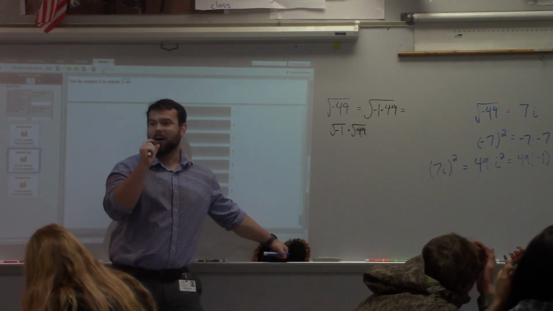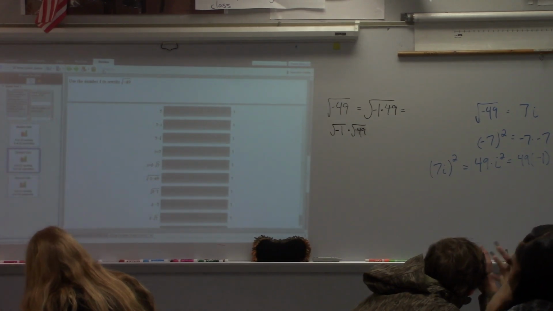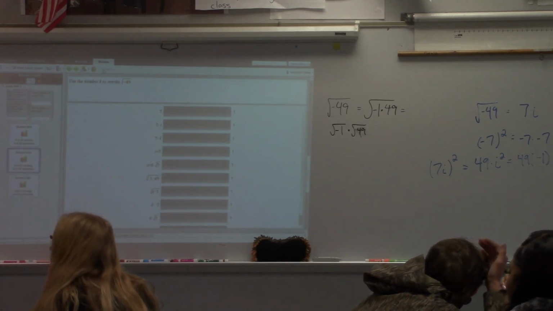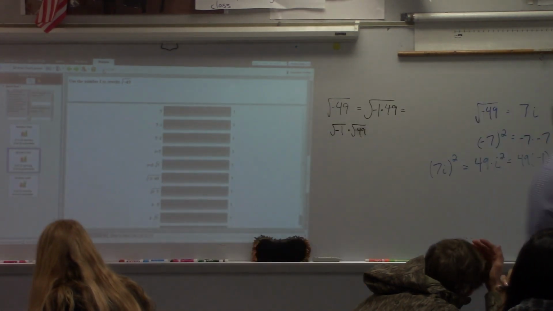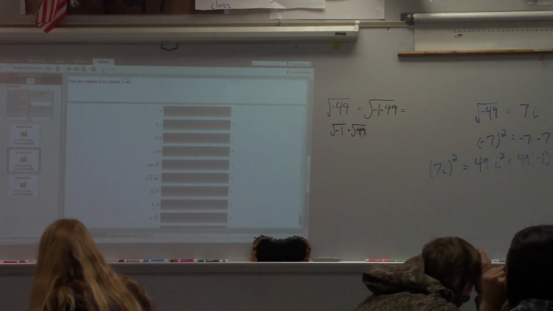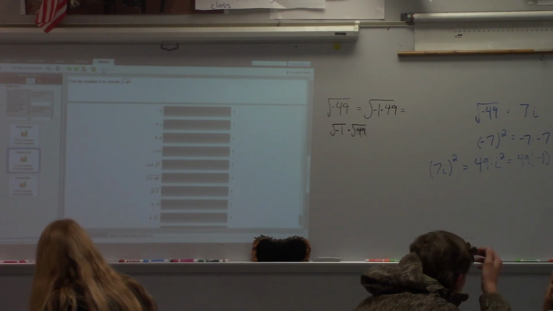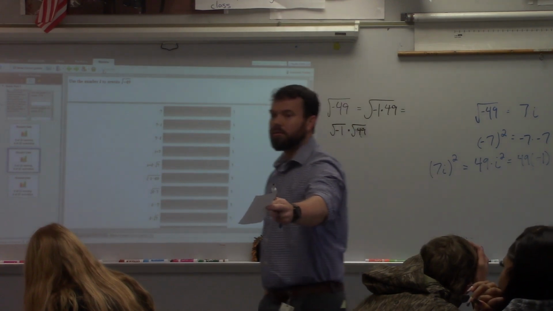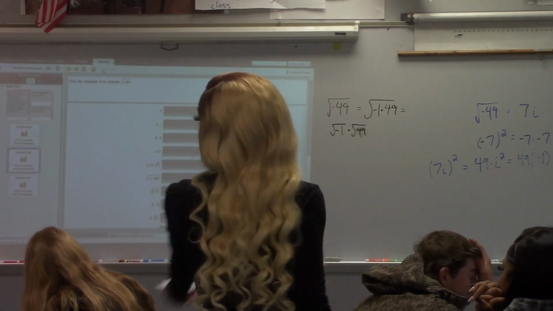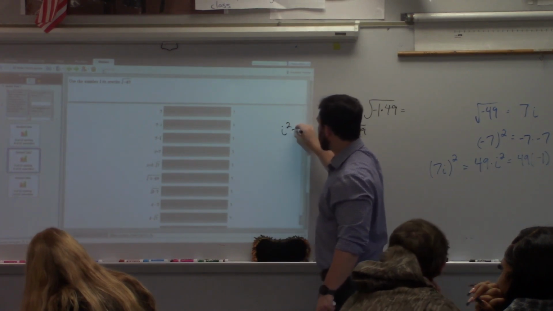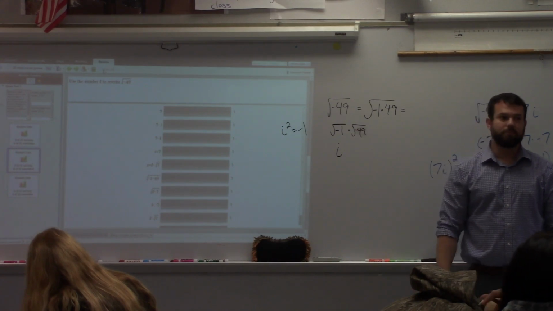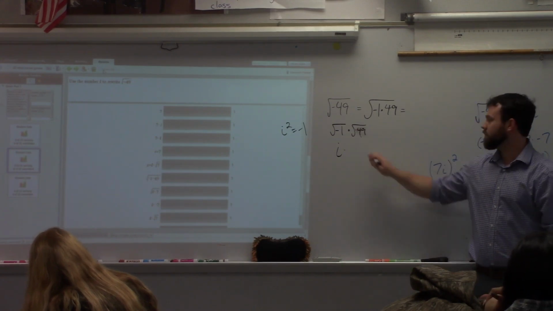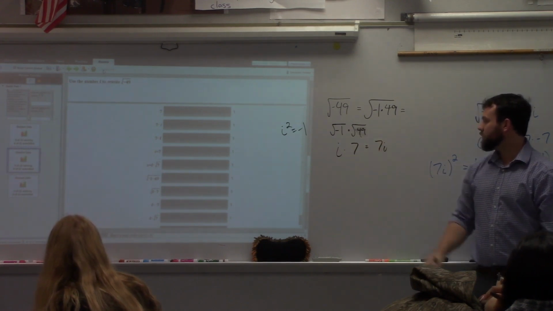The whole point is, by definition, i squared is -1, so the square root of -1 is i. You cannot forget what a square root means. Square root of 49 then? 7. So it's 7i. Same exact approach here.